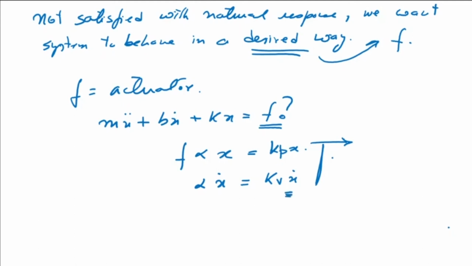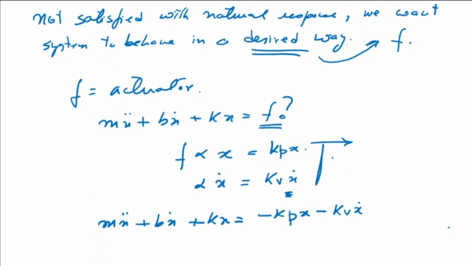That is a change with respect to time. If I put both of these in, then I get m x double dot plus b x dot plus k x is equal to minus kp x minus kv x dot. So the question was, what should be the f we apply?